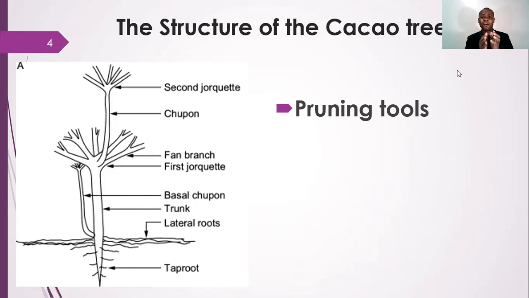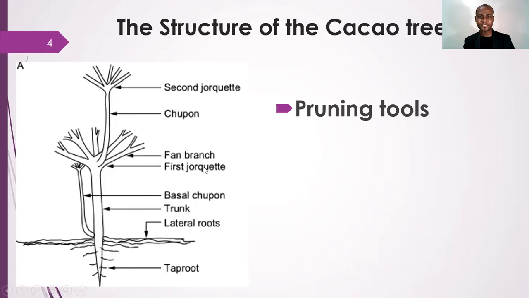If you want to have bigger pods with bigger seeds, and more pod formation, you should allow a maximum of 2 stems. And then up here, you can allow more branches.